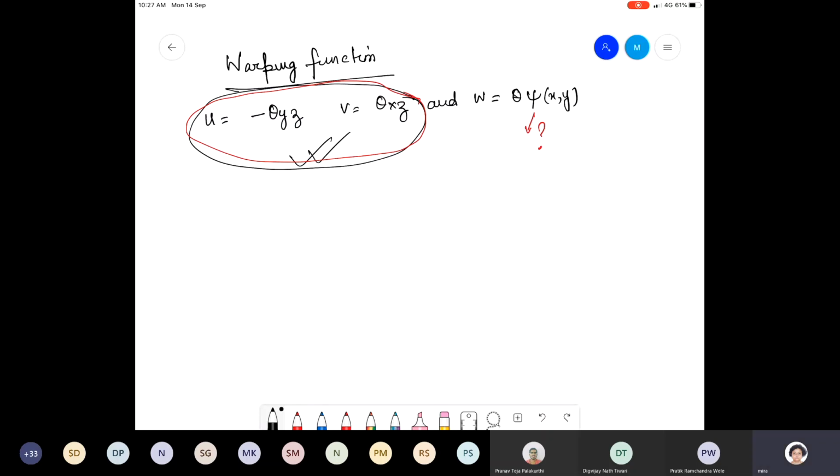What are the shear stresses, and can you relate the shear stress to the warping function? Anyone? Okay. Ma'am, using dou u by dou y plus dou v by dou x, that is the shear, and the shear function equals to.